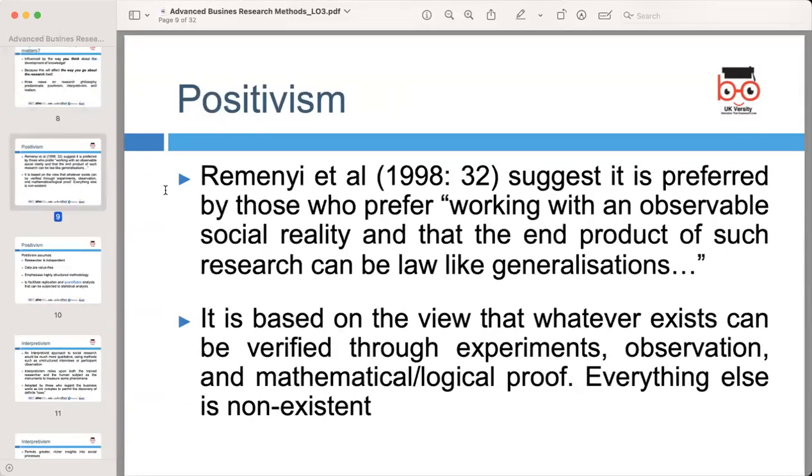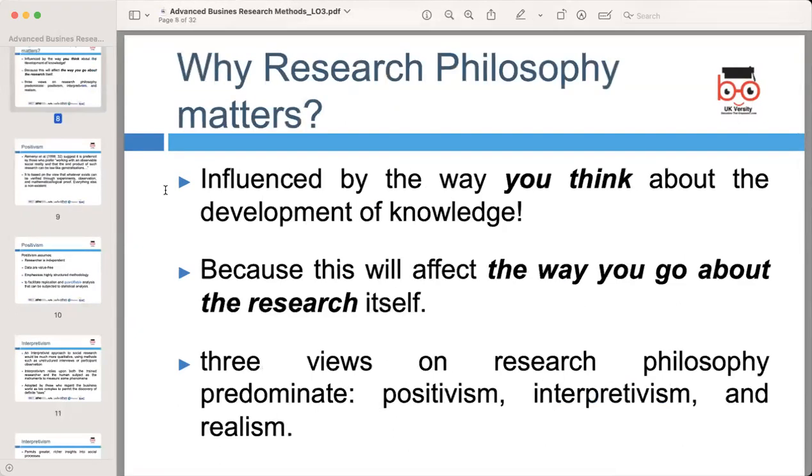So here we'll further discuss positivism, interpretivism, and realism.